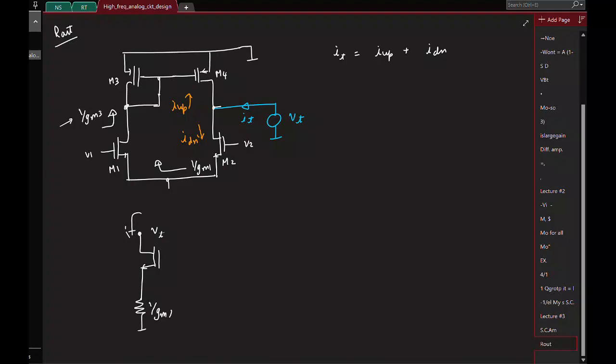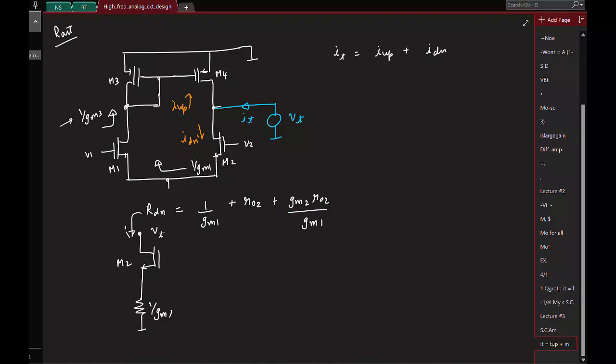So the total impedance, which I will call R down, what is it now? It is basically the cascode. Again, these things you should start to remember now. For cascode, it's basically whatever resistance you have at the bottom plus the R out of the transistor you have. This is M2, so it's R02, plus the intrinsic gain of the transistor, which is GM2 R02, times the impedance you have at the bottom, which is 1 by GM1.